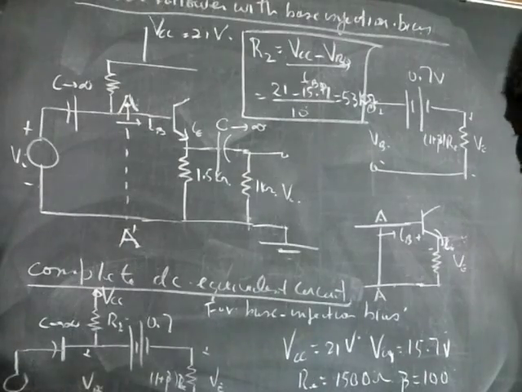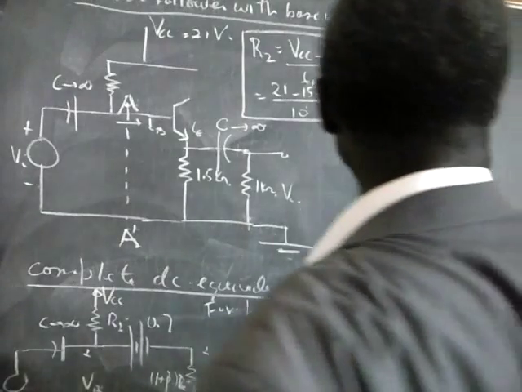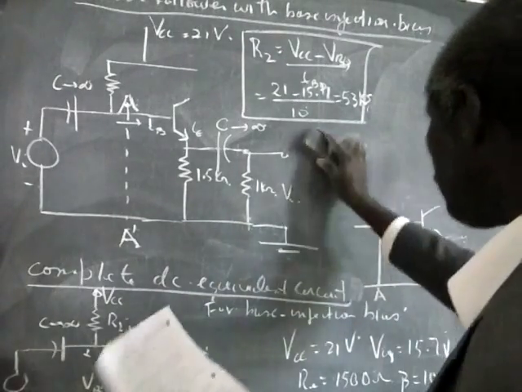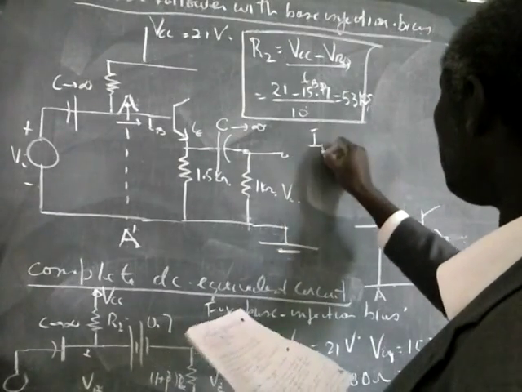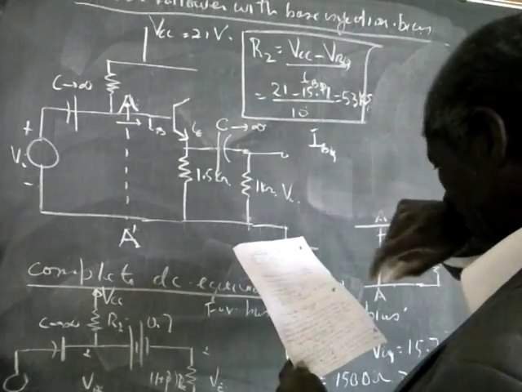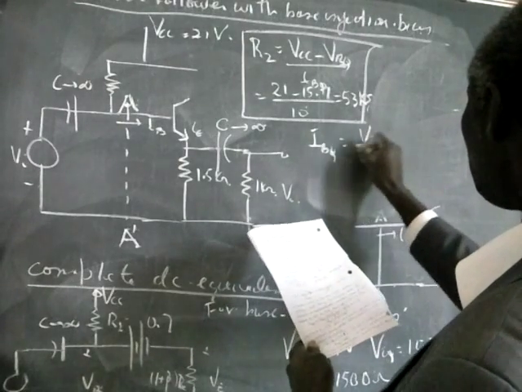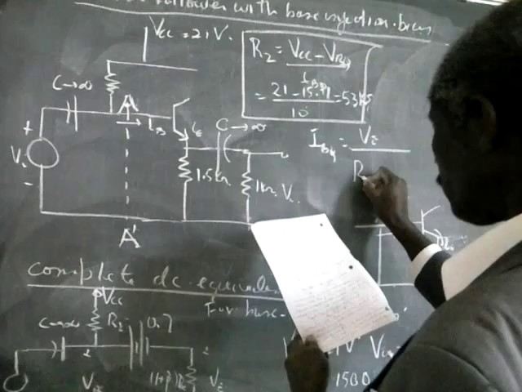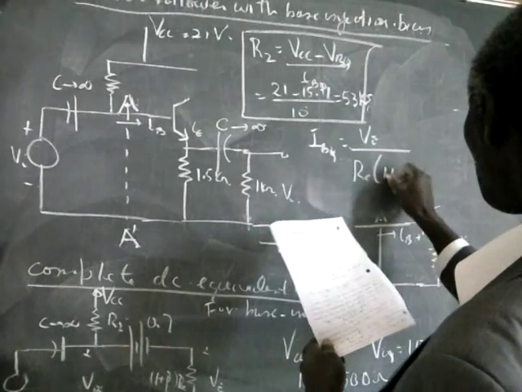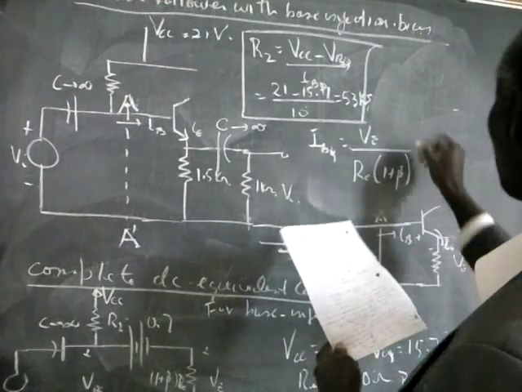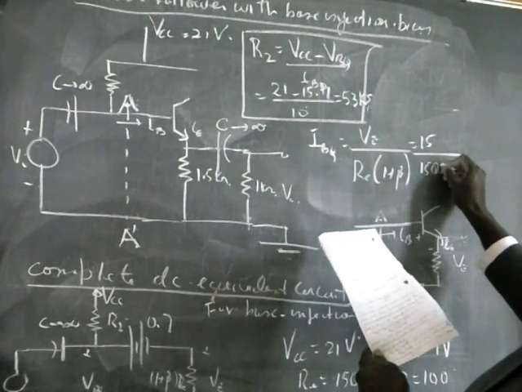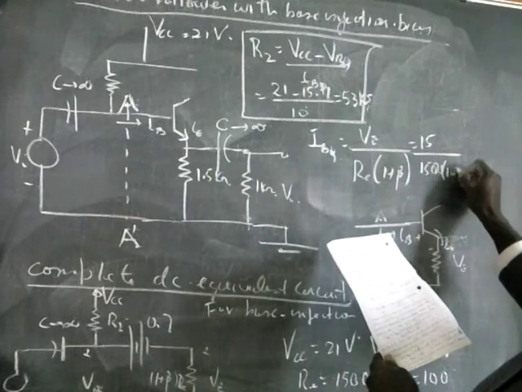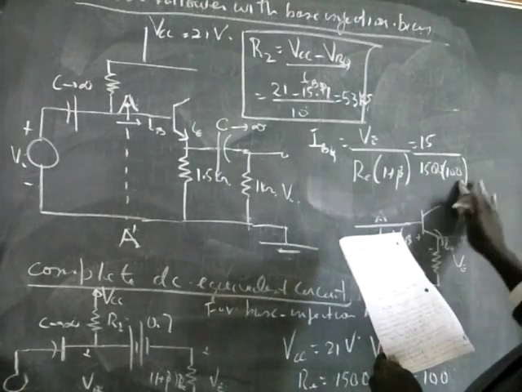I know that IBQ, let's look for IBQ. IBQ equals VE over RE, the 1 plus beta, is equal to 15 over 1500 and 101.